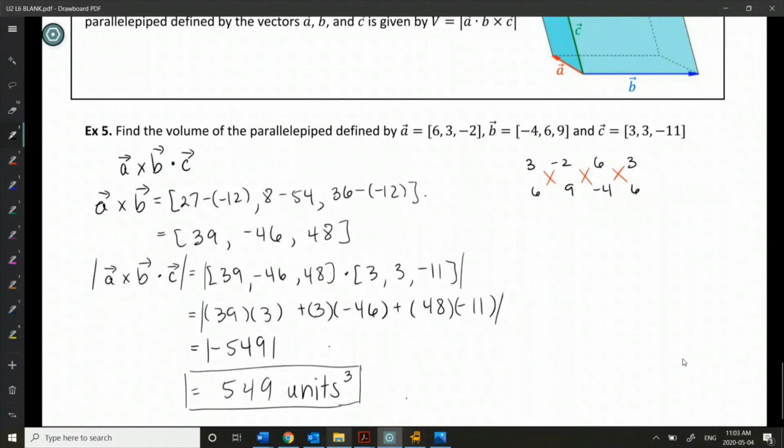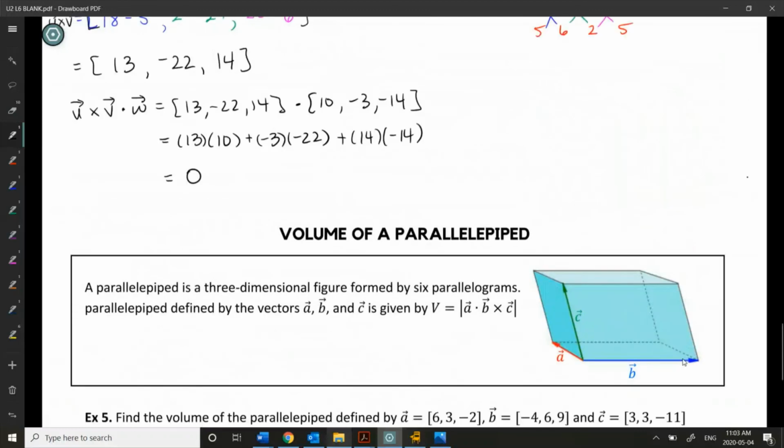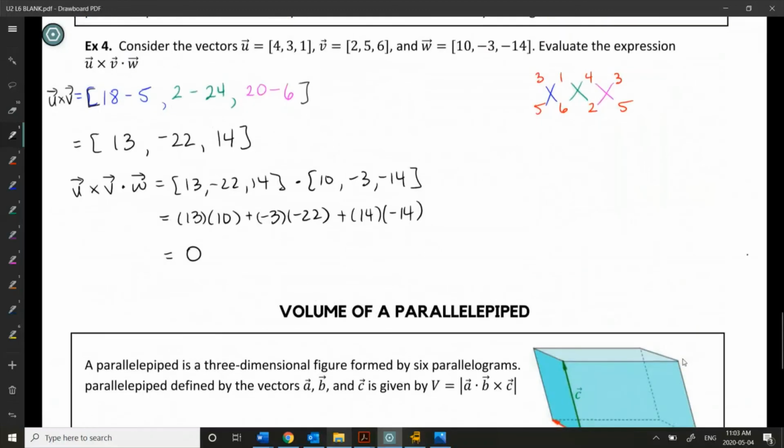Now, I said that I was going to hop back to this answer of 0 that we got for the triple scalar product. If I imagine that I have these three vectors here and they create some kind of volume, well, if I get 0 from the triple scalar product, even if I take the absolute value of that, I'm still getting 0. So if we imagine this in terms of our application, what does this mean about our three vectors? And what does this mean about the parallelepiped that can be formed by these three vectors?